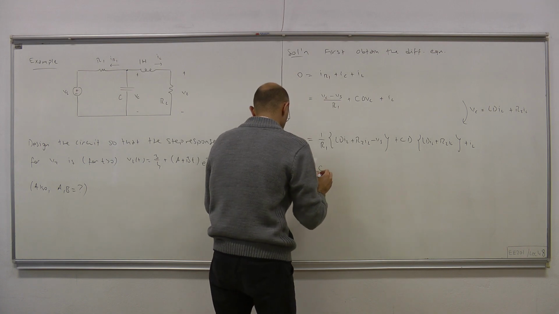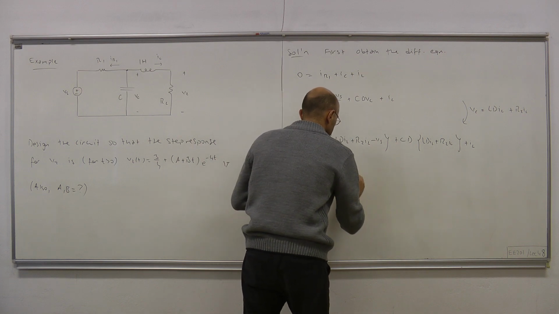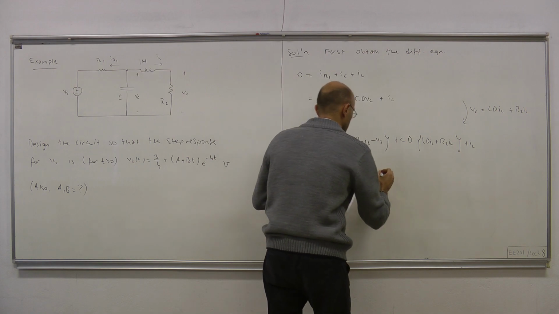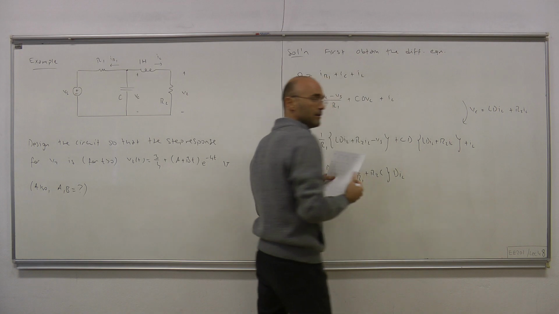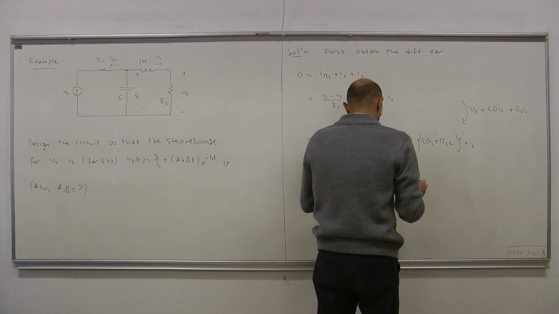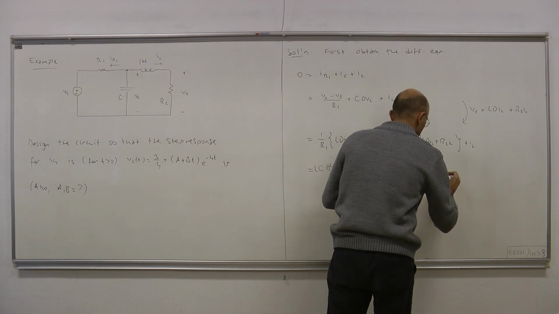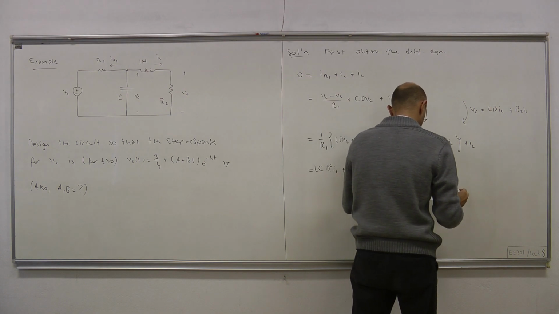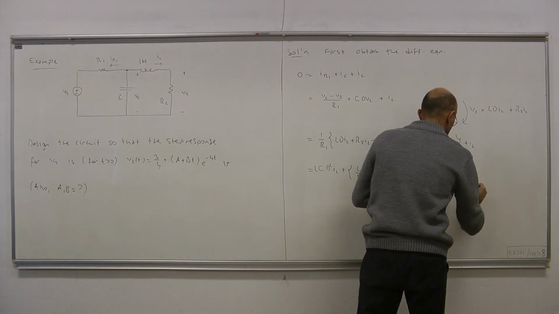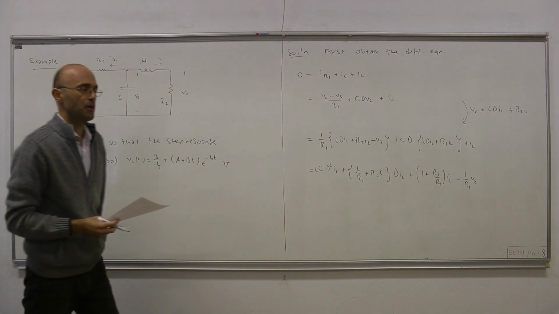LC d squared IL plus (L over R1 plus R2 C) dIL plus (1 plus R2 over R1) IL minus 1 over R1 Vs equals 0.